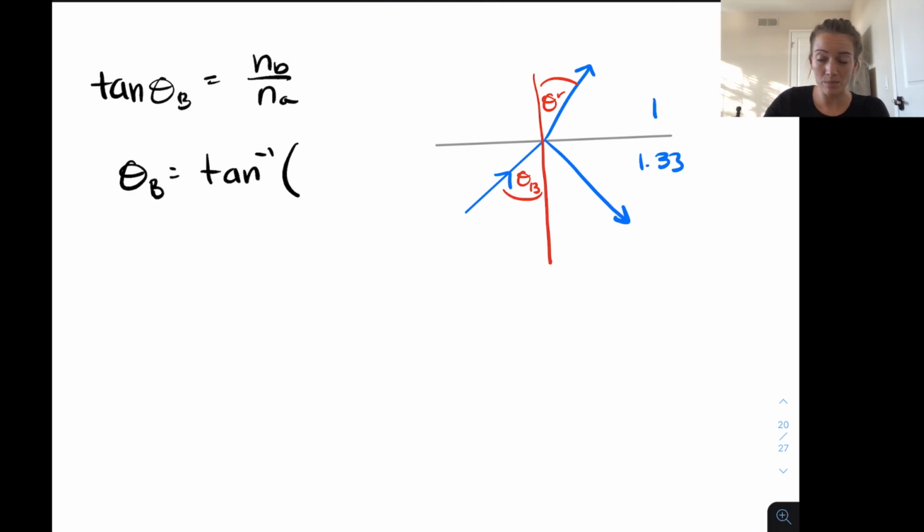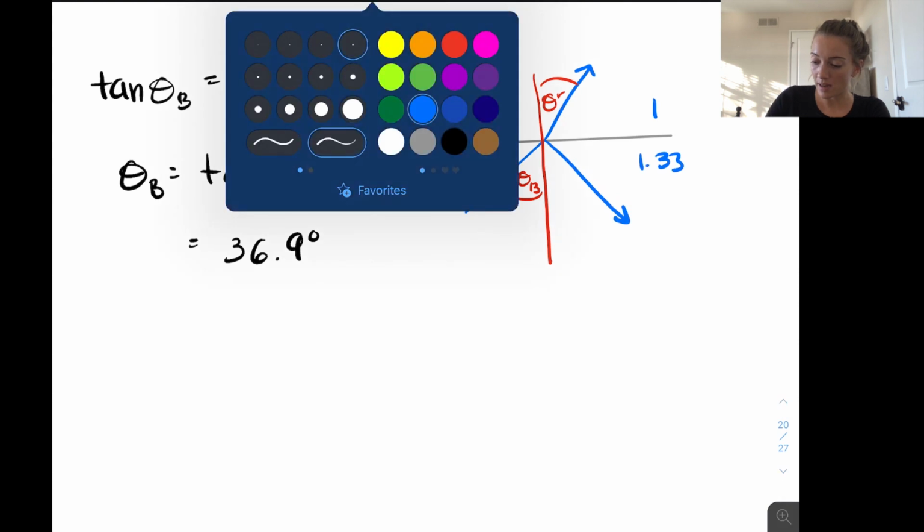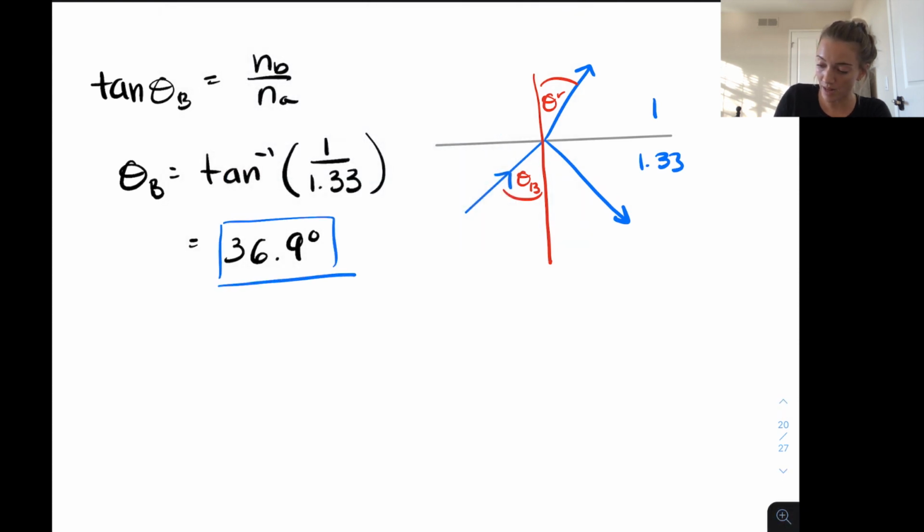Because now it's the second medium. So now n_B is actually 1 because the light is starting off in the water and then going to the air as opposed to starting in the air and going to the water. So now we have 1 over 1.33. So now this gives us an angle of 36.9 degrees. So this is our Brewster angle now.